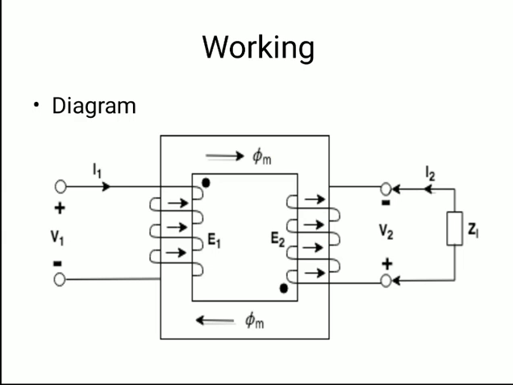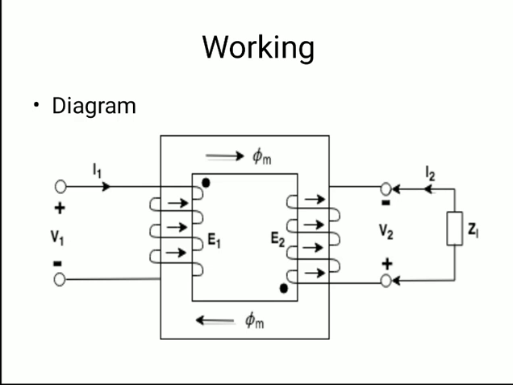Now, when the flux travels from primary to secondary and links to the secondary winding, what will happen? That flux is a changing flux, meaning alternating, that is a variable flux. When it links to that coil, according to Faraday's law, the changing flux will induce EMF.